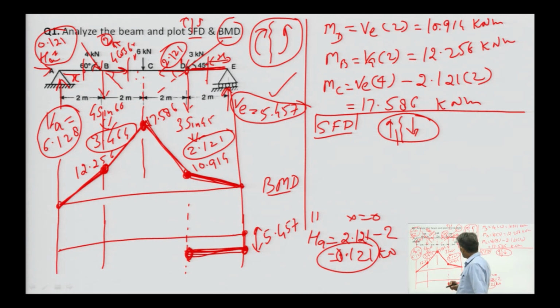And at the point D, vertical load is there, downward. So, it will be taken as positive. So, we will have addition. We need to add 5.457 plus 2.121.